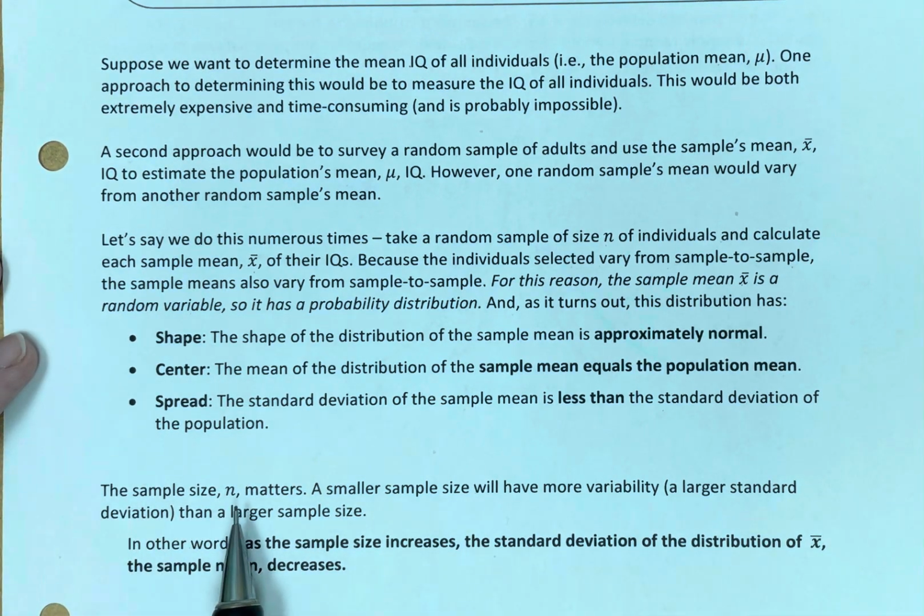Obviously, the sample size matters. If you have a smaller sample size, you have more variability, a larger standard deviation. The bigger the sample size, the smaller the standard deviation of the sample mean. So lots of words there.